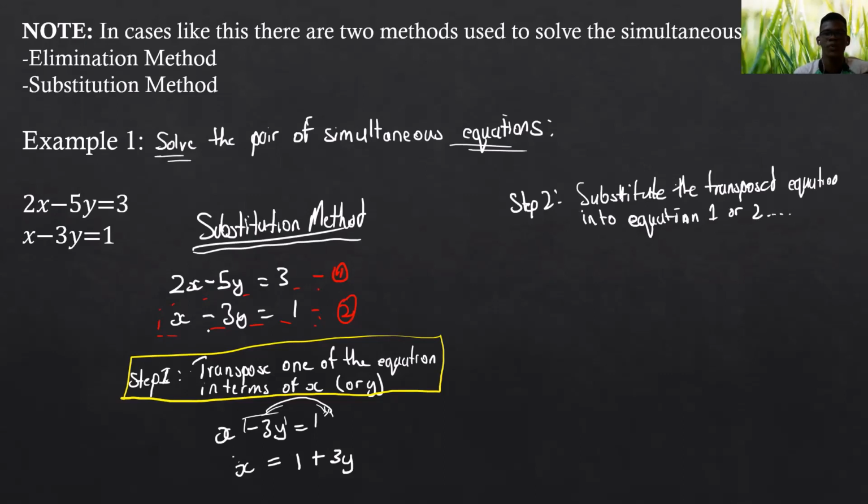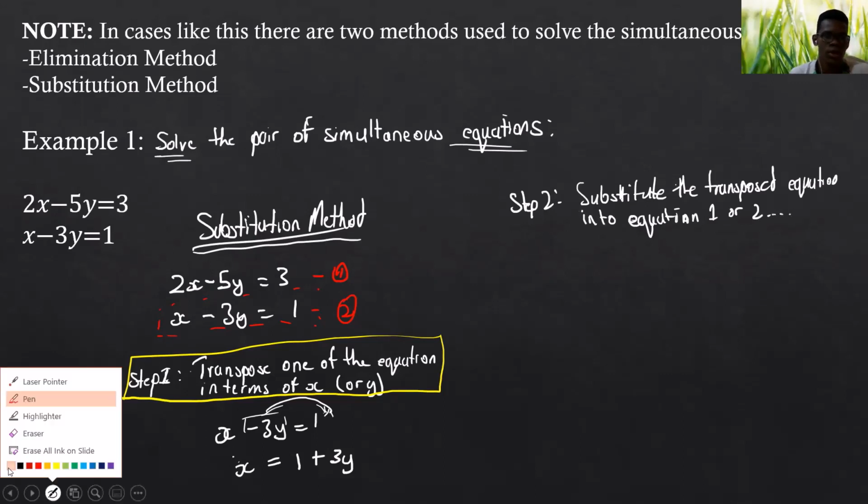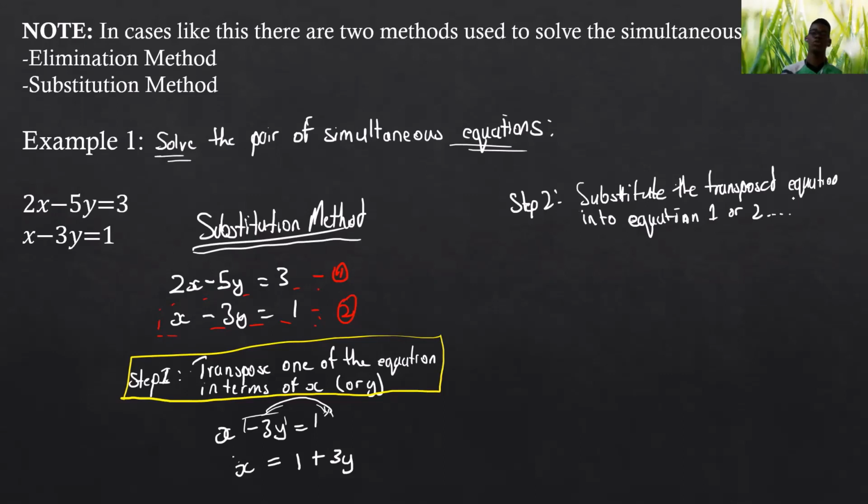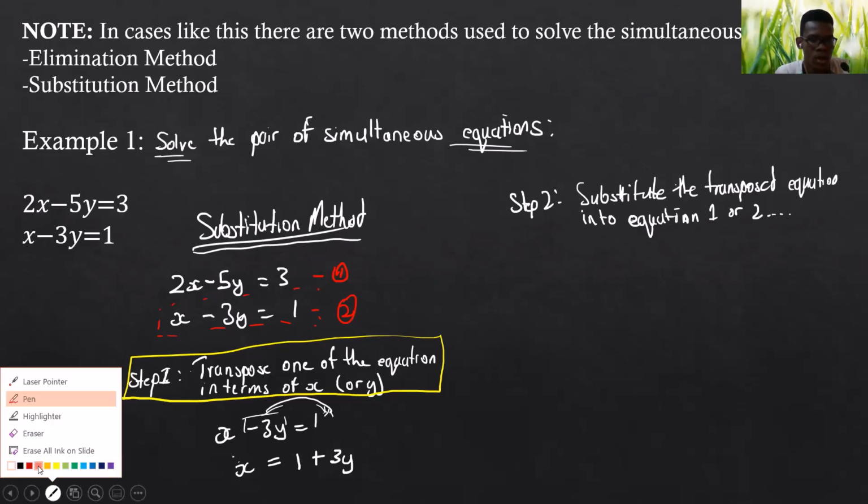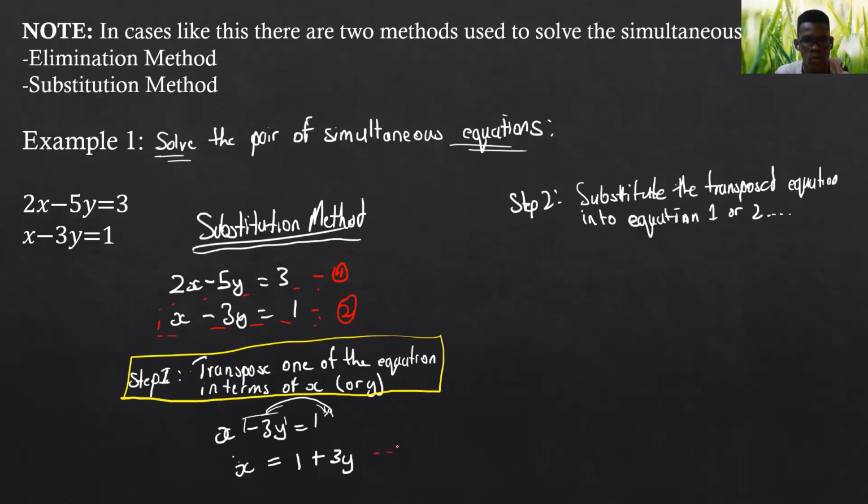So we created our third equation, X is equal to 1 plus 3y, which is actually another equation. What we're going to do with this equation is substitute it into the first equation. That's the second step.